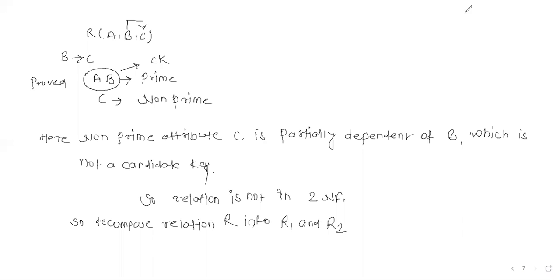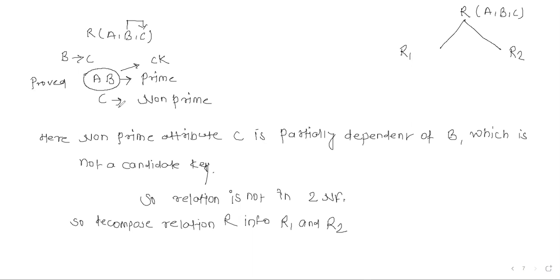Now we are going to convert R. What is R? R is A, comma B, comma C. Now we are going to generate R1 and R2. We are going to decompose it. How are we going to decompose it? Once you decompose it, it will be called two relations. And in the two relations, the keys will be different.